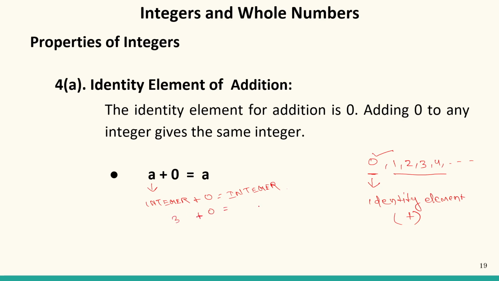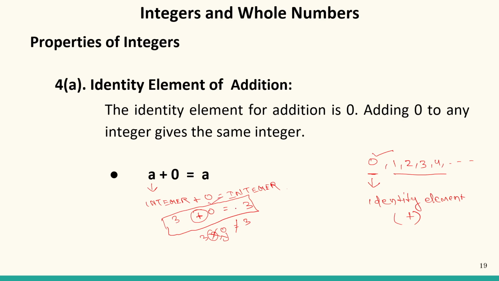What will we get? We'll get 3. That is why 0 is the identity element of addition. We won't get 3 if we multiply 0 with it. 3 into 0 is not equal to 3. That's why 0 is not an identity element of multiplication.